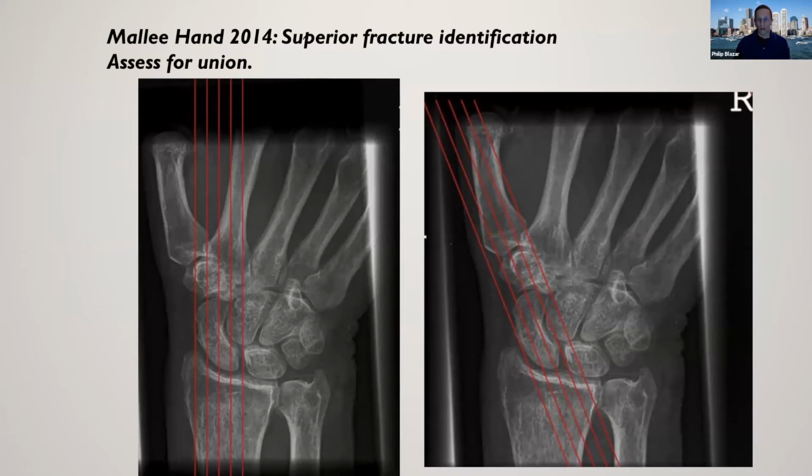And here diagrammatically, you can see depicted the plane of the CT scan when it's taken in the traditional plane on the left and in the plane of the scaphoid on the right. This has been shown to be superior in the setting of looking for fracture identification when the CT scan is reformatted in the plane of the scaphoid. I also particularly prefer it in the plane of the scaphoid when I'm assessing for union.